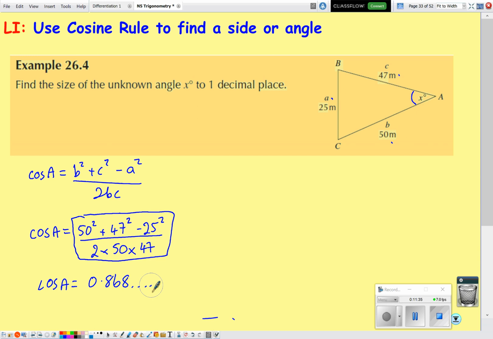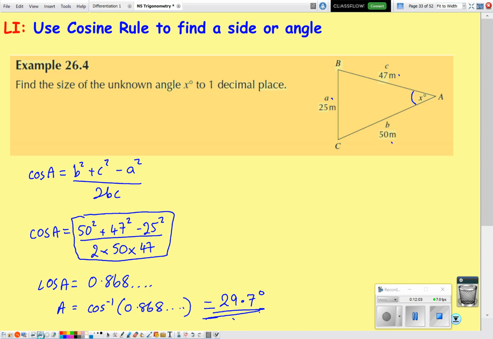Clearly that is not the size of that angle, that is the cosine of that angle. So the angle at A is the inverse cosine of 0.868, and the inverse cosine of that comes to 29.7 degrees to one decimal place. And it's that easy.